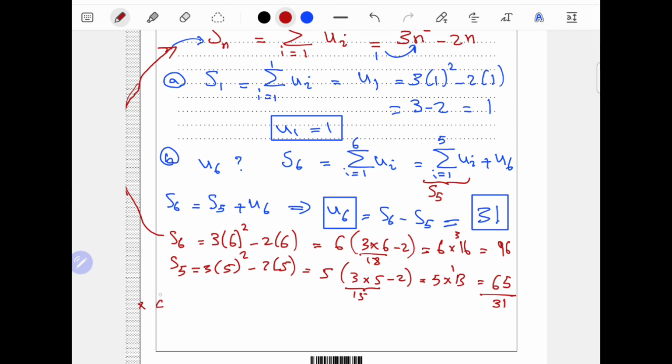In part C, they want us to prove that the sequence u_n is arithmetic, and if it's true, then we know that the sum of the first n terms of any arithmetic sequence is given by, there's a closed formula, n over 2 multiplied by 2a plus (n minus 1)d, where a is basically the u1, the first value of the sequence, so the first term, and d is equal to the common difference.